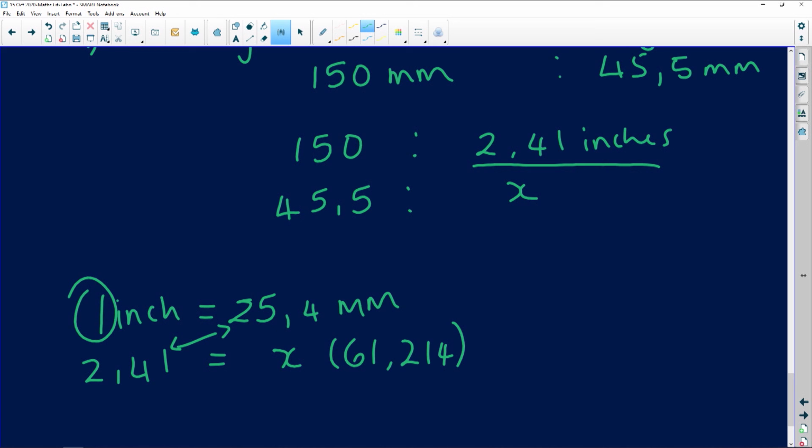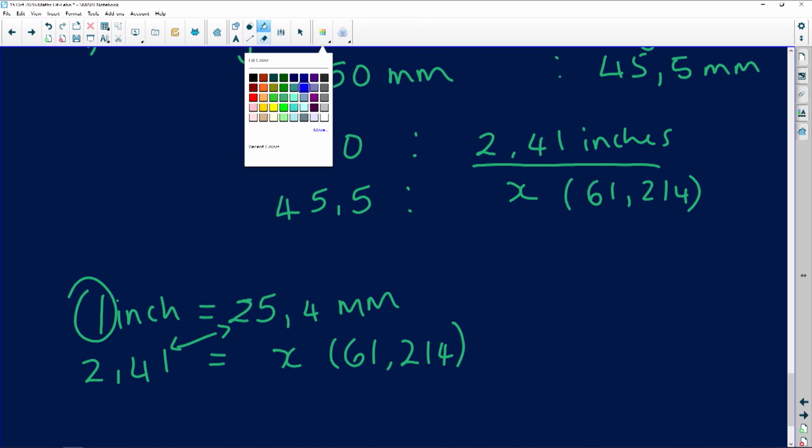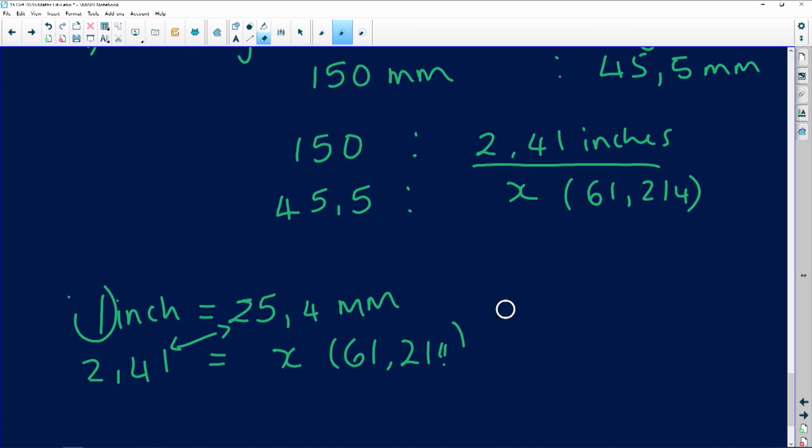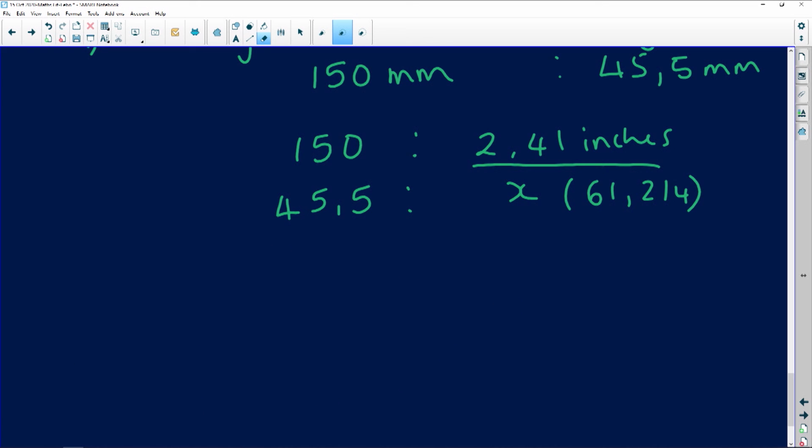Okay? So now I know what my X is going to be, and my X is my diameter. So let's see how I would do this cleanly and nicely. So my X is going to be 61.214. That then tells me where all those marks are coming from, because I'm sitting with a big bunch of marks and I'm not sure where they're coming from.